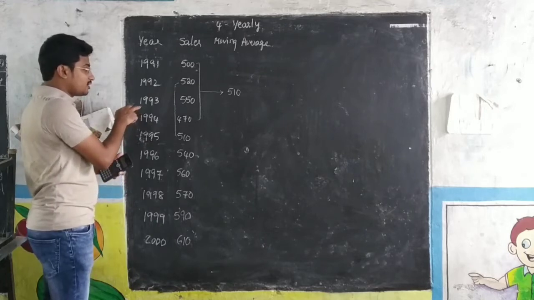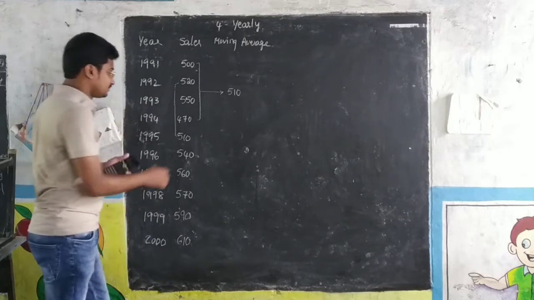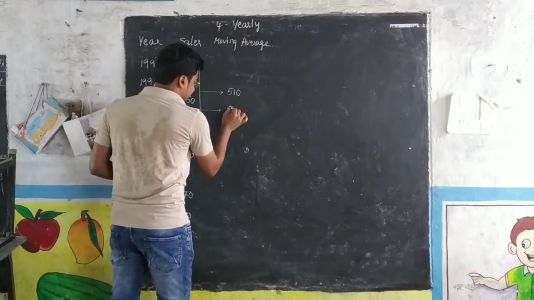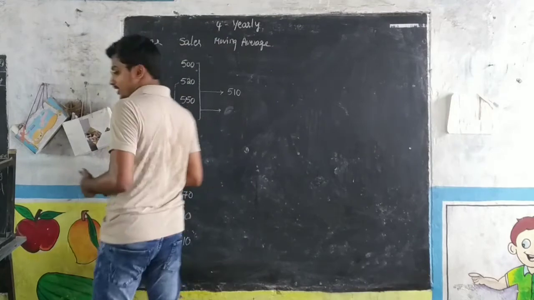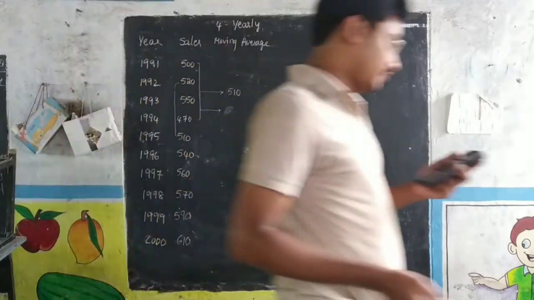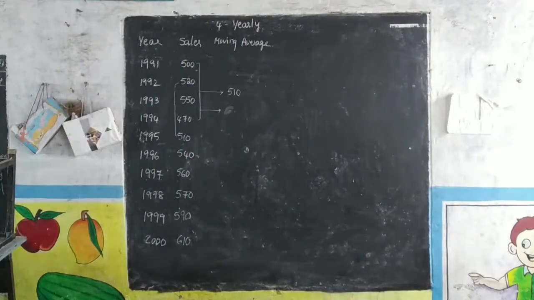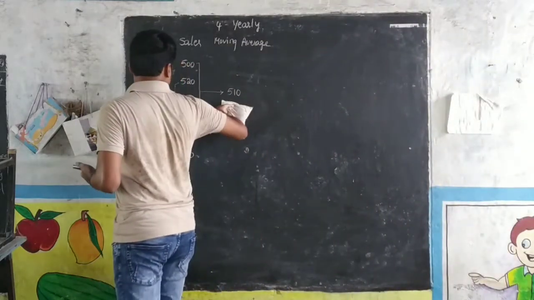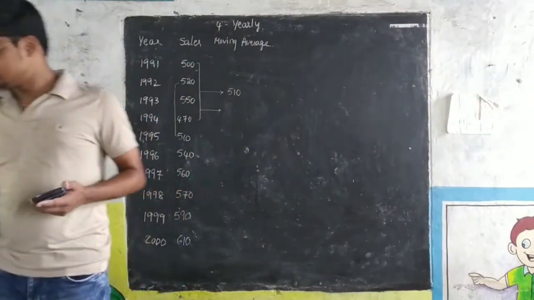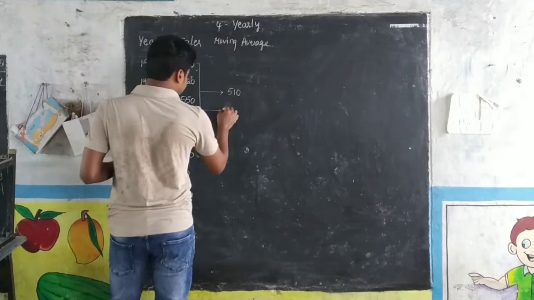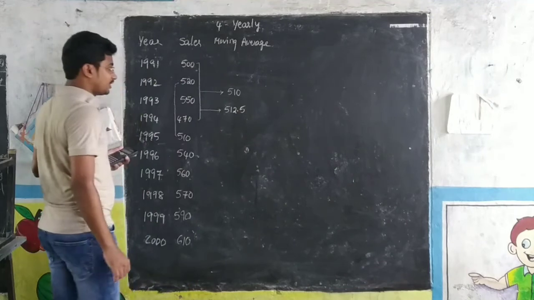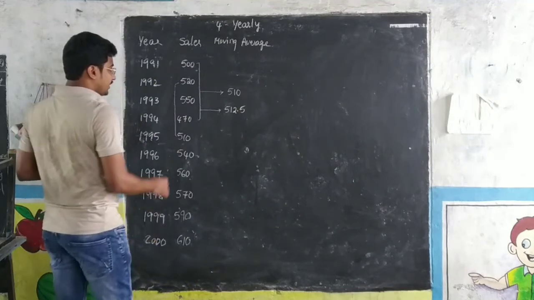Place that value in between the middle years. 512.5. Next 4 years.